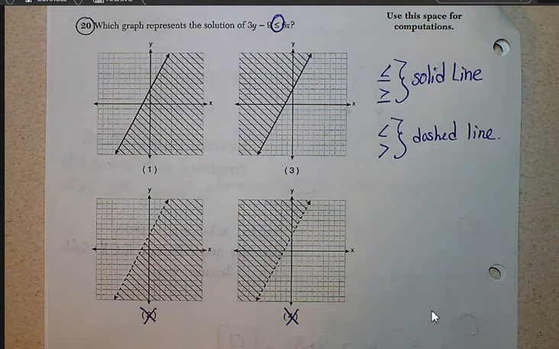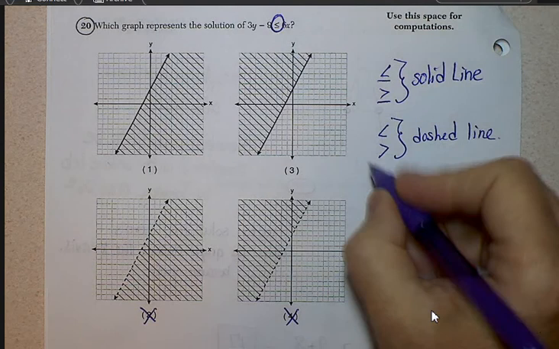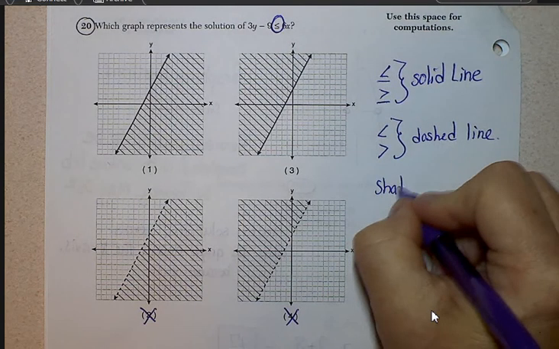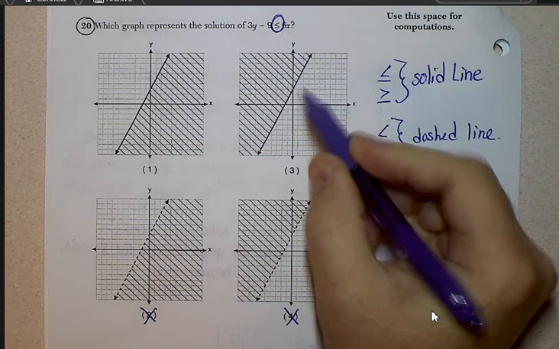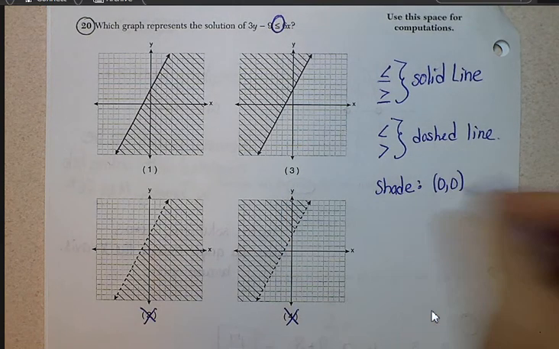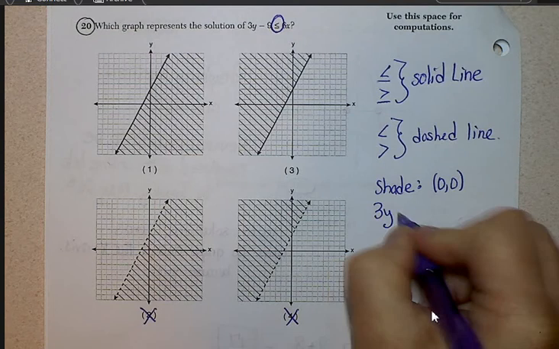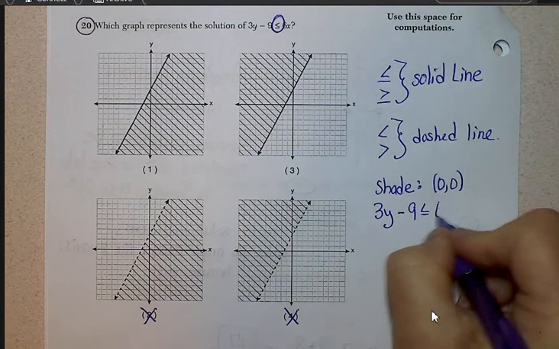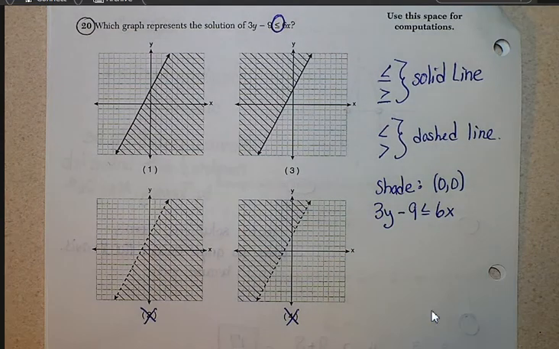Now the other piece to graphing inequalities is the shading part. And when we worked on shading, we labeled our work shade, and then we picked a point that was definitely on one side of the line. 0, 0 is definitely on one side of the line. We wrote our equation down, 3y minus 9 is less than or equal to 6x. And we plugged in 0, 0 to see if it made the inequality true.